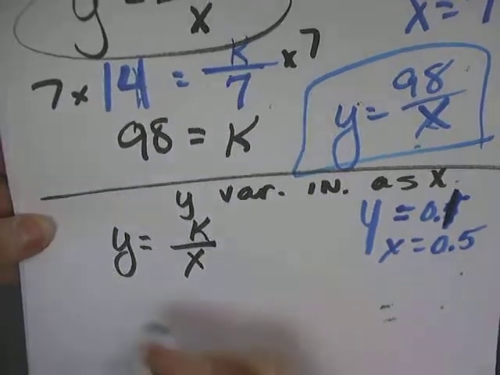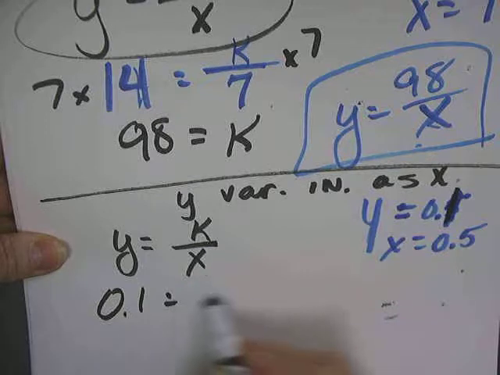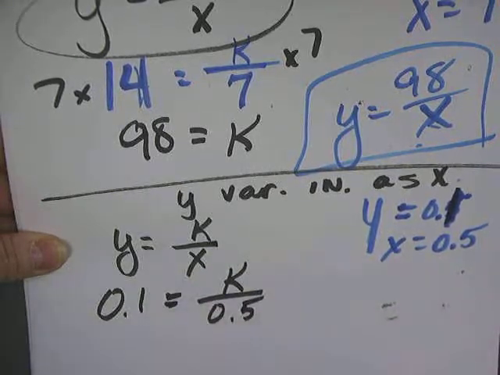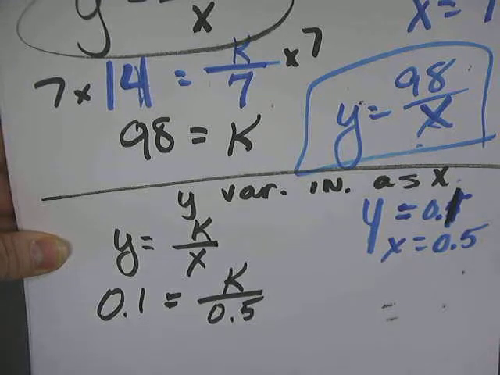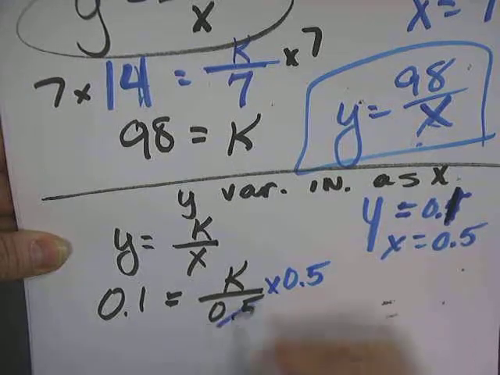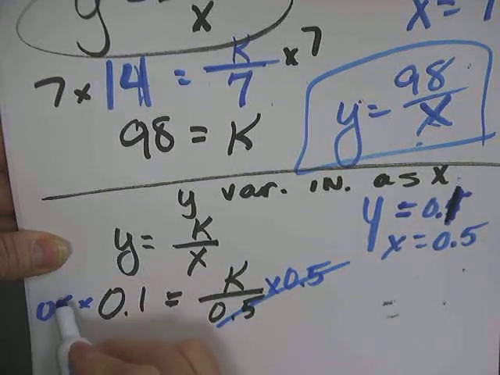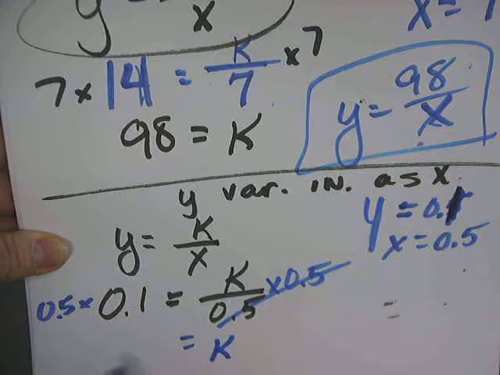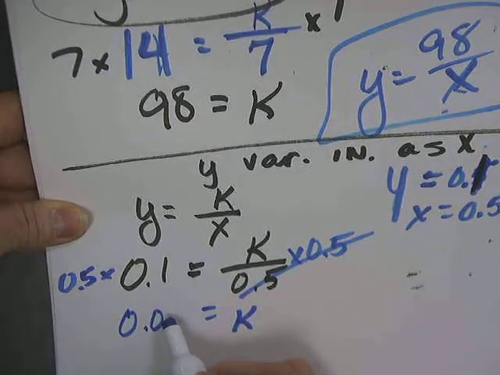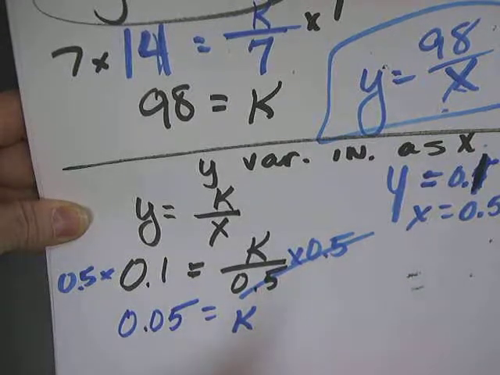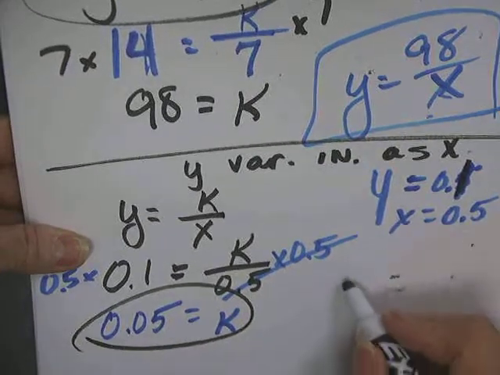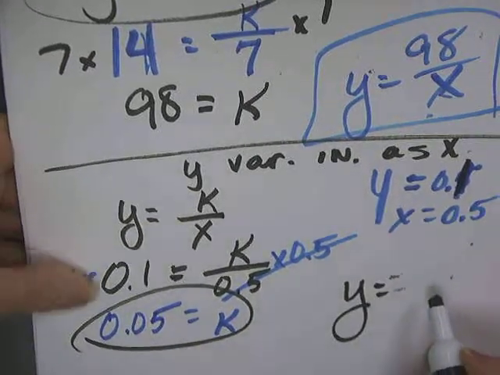Okay, let's do when y is 0.1, sorry, and x is 0.5. So y varies inversely as x. Y is 0.1, x is 0.5.